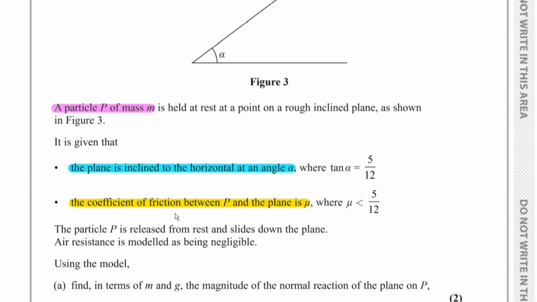The coefficient of friction between P and the plane is mu, where mu is less than 5 over 12. The particle P is released from rest and slides down the plane. Air resistance is modelled as being negligible.